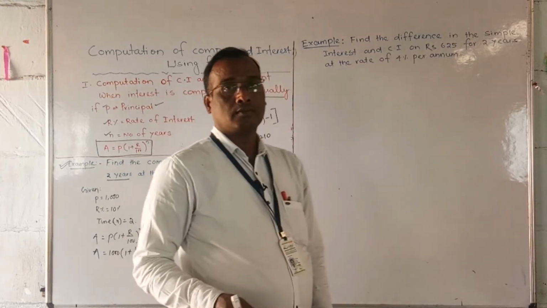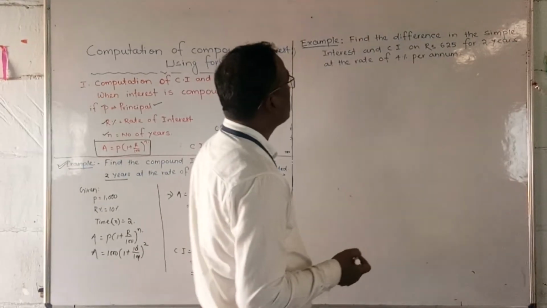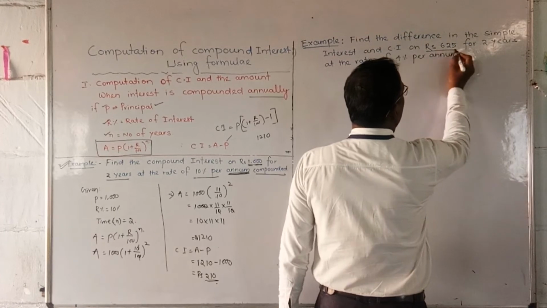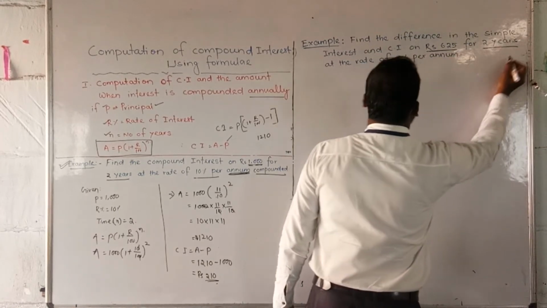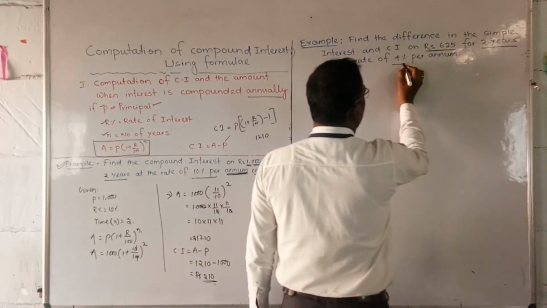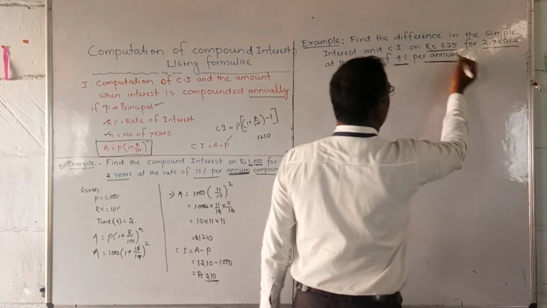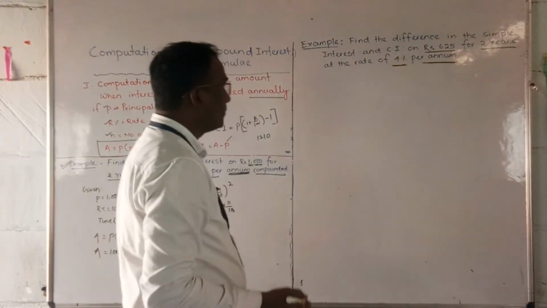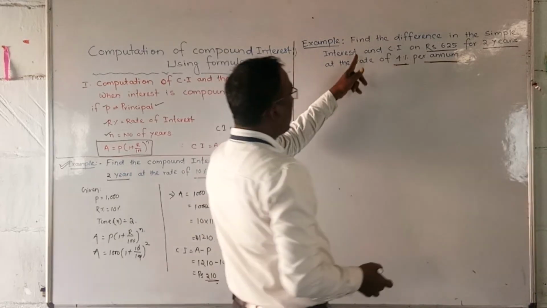First we have to detect what is the principal, the time, and the rate of 4% per annum. Yes, 4 things we have got now.